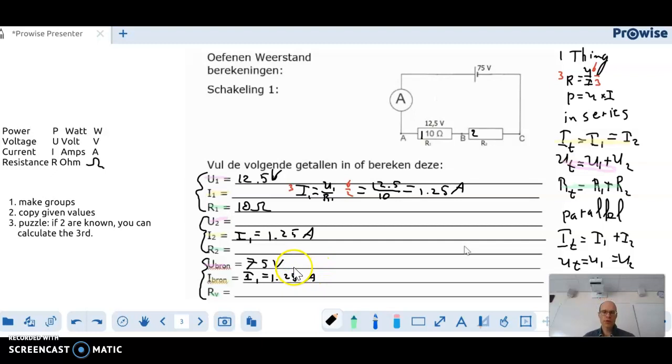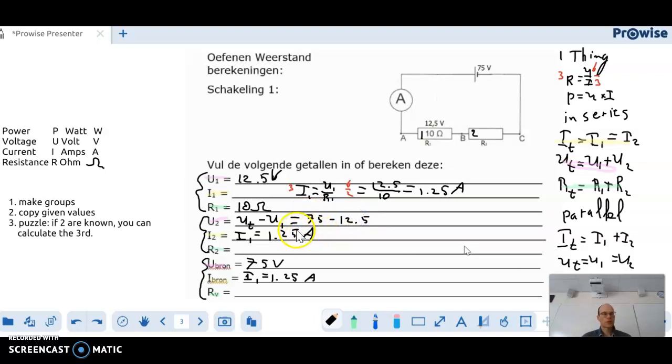Well, then we continue with another group. Hey, this one is easy. Voltage. With voltage, I have 2 and I can calculate the third. The voltages are added up to the total, so that means that U2 is the total minus the first voltage, and that is 75 minus 12.5.